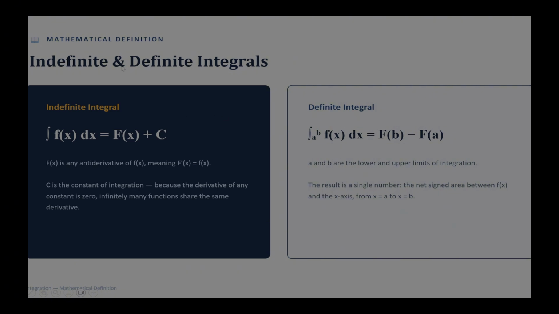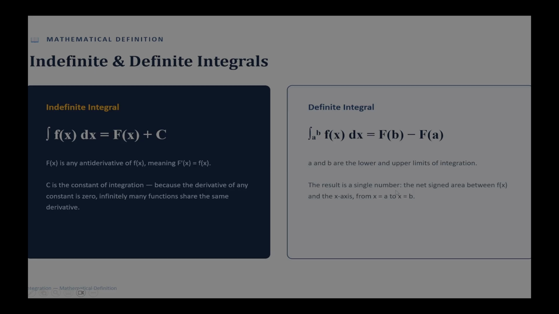So the definite integral, we talk about from A to B, when we work out the area from A to B of this function. It will be the integral at B minus the integral at A. Remember, this is very important: the integral at B, take away the integral at A. A and B are the lower and upper limit of integration.